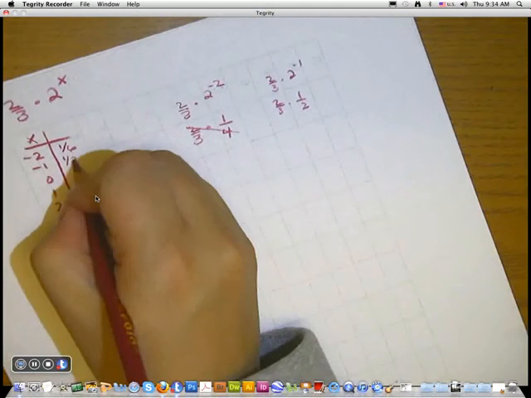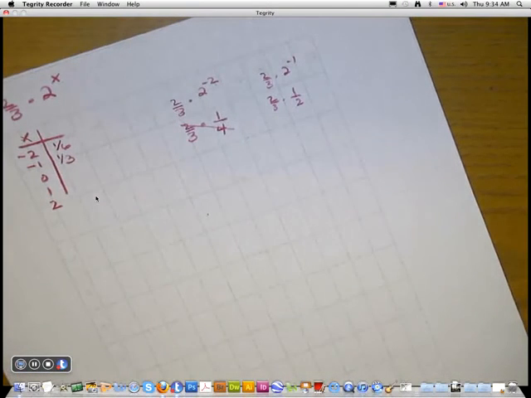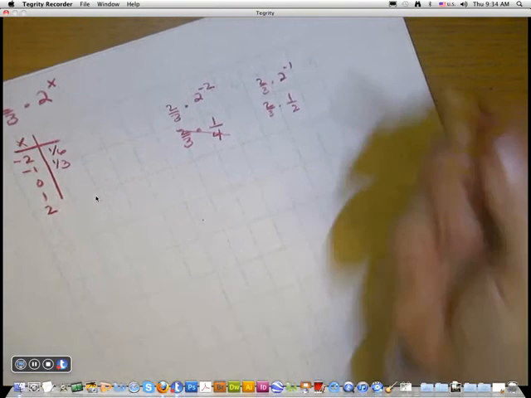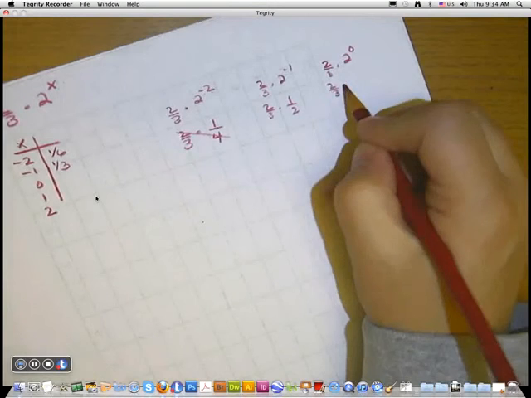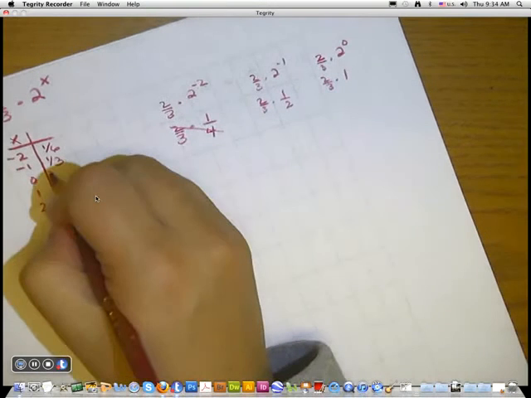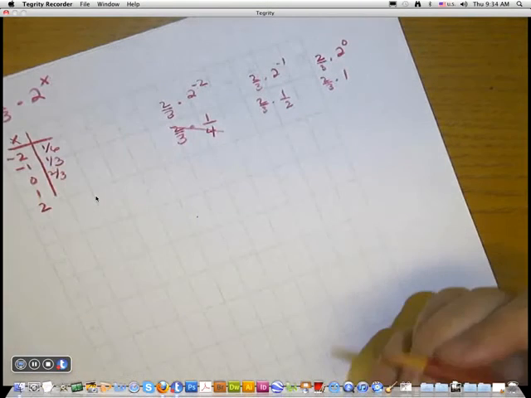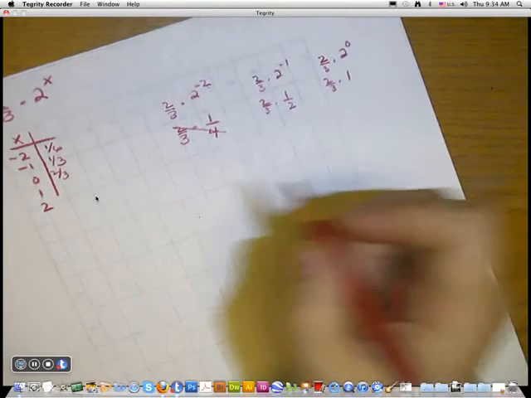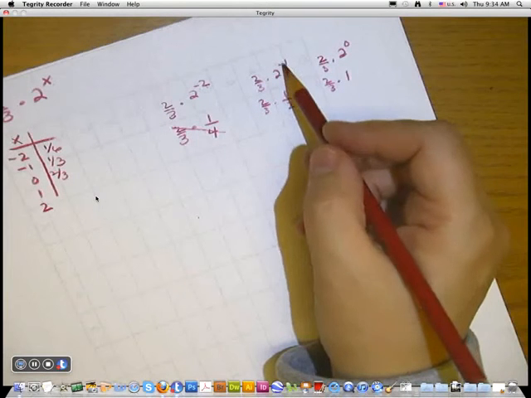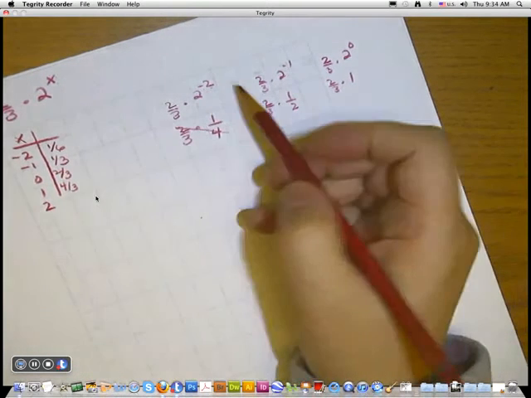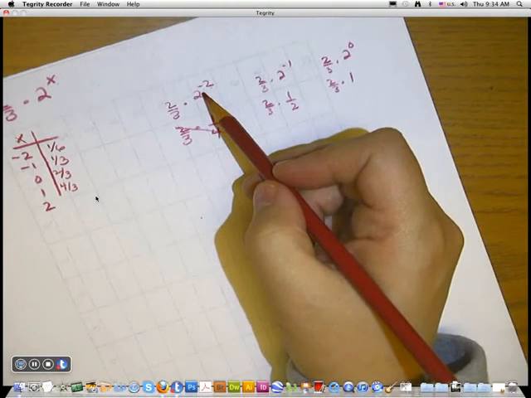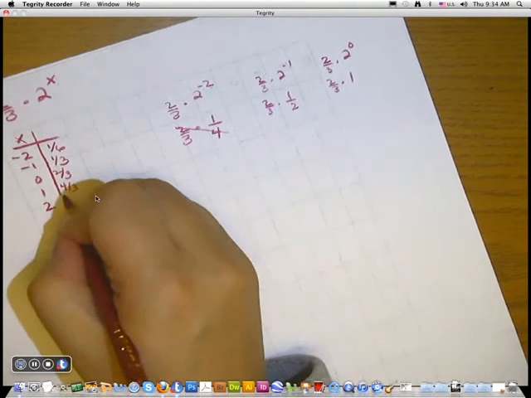When you reduce it, multiply it out, we get 1/3. Put in 0. That becomes 2/3, since anything to the 0 is 1. And then put in a +1. When I put in a +1, it becomes 4/3. And when I put in +2, it becomes 8/3.